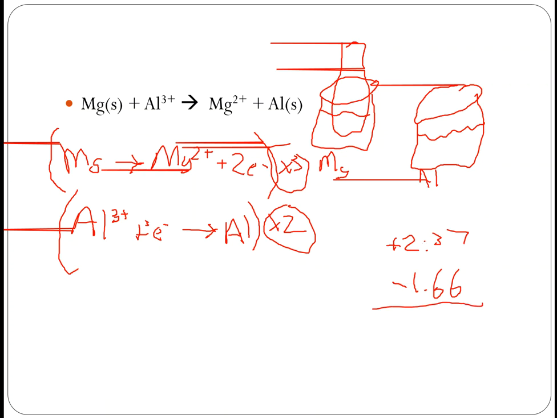And again, I am not multiplying these by 2 or 3, I'm just adding them up exactly like we did in the last one, and it's 0.71 volts. And there we are, happy as can be that we've calculated this voltage correctly.